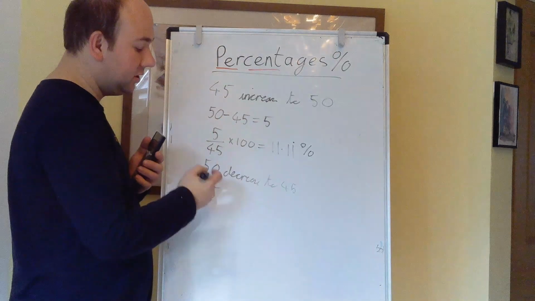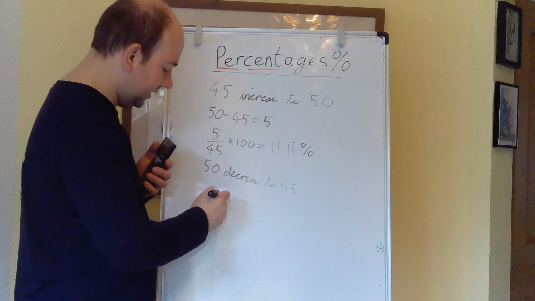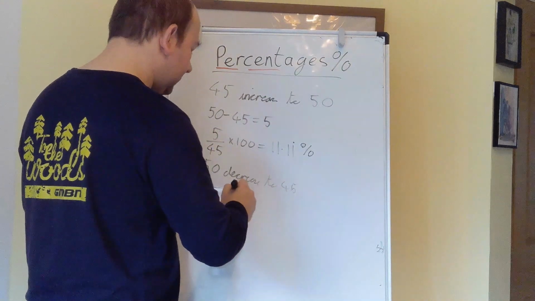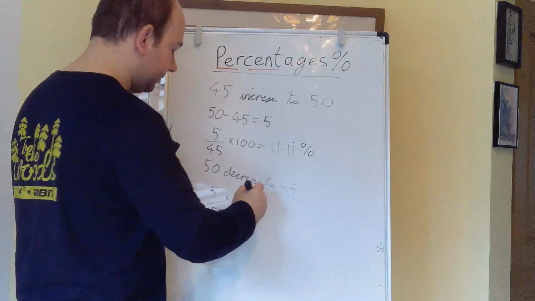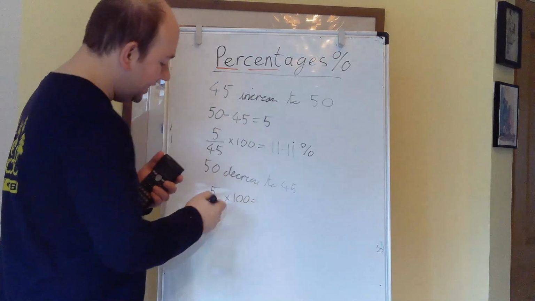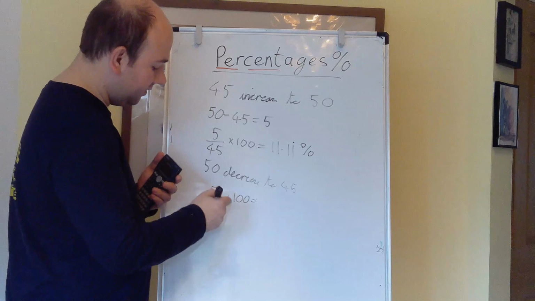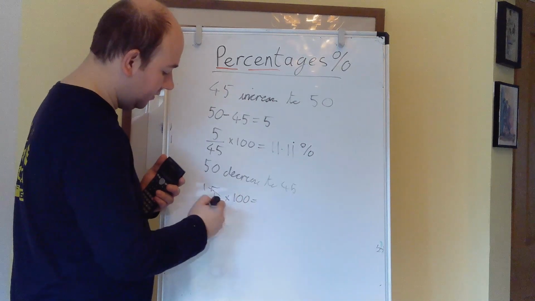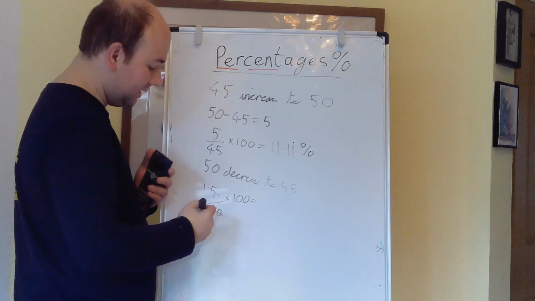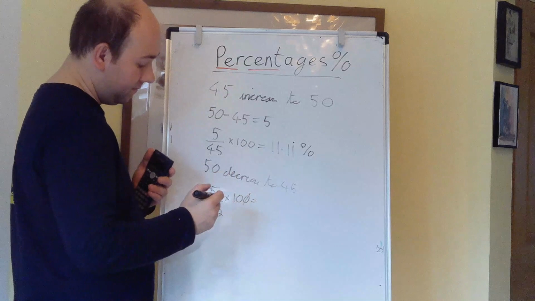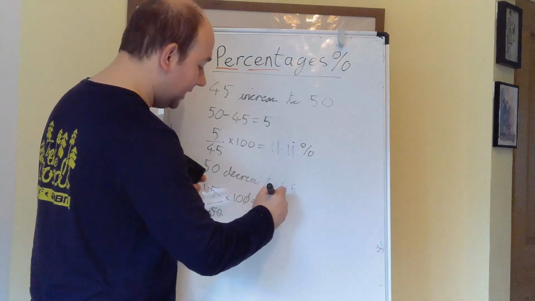We divide it by our original number, which in this case is 50. And we multiply it by 100. So again, this is a bit easier to do. 5 goes into 5 once, 5 goes into 50 10 times. This will cancel there, and therefore we end up with a 10% decrease.